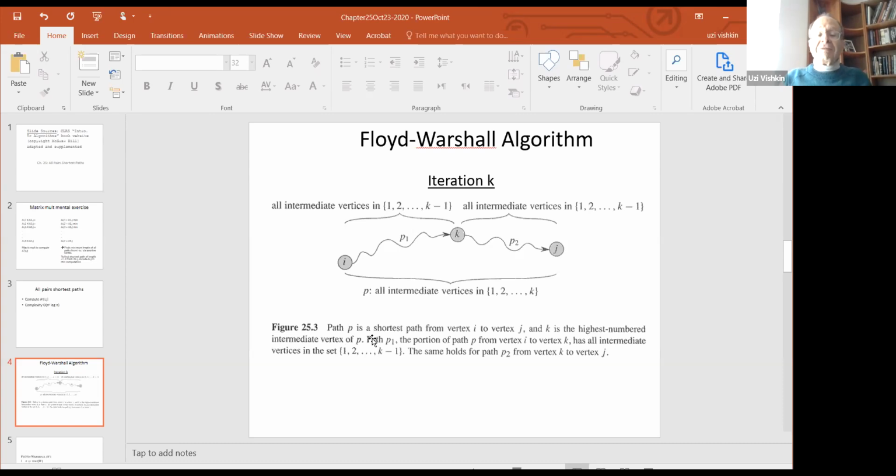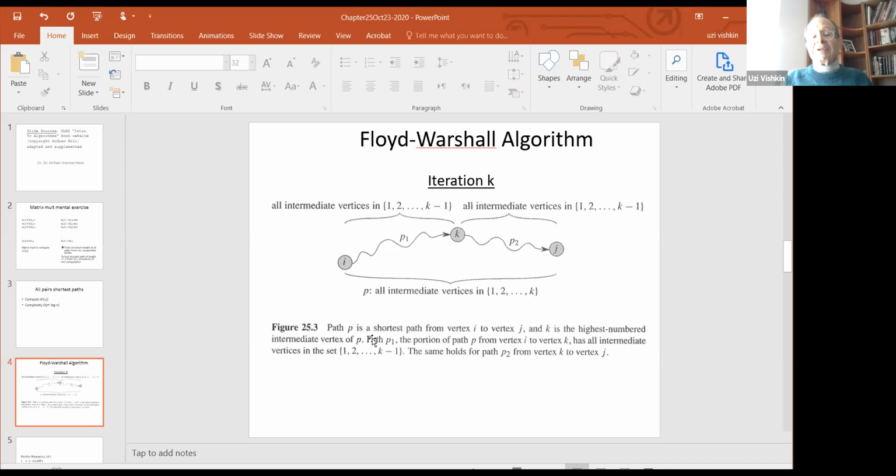The inductive assumption is that after iteration k minus 1, we know the shortest path from any i to any j that goes through vertices 1 up to k minus 1 as intermediate nodes.